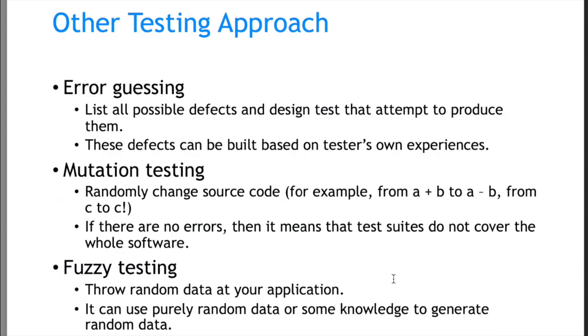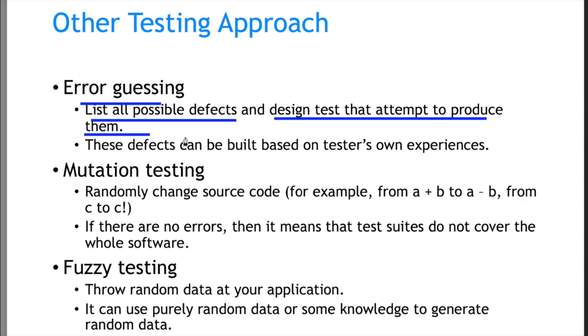And there's another testing approach. One is error guessing. List all the possible defects, then test them, attempting to produce them. That is a very popular one for professional testers. Usually a tester's or quality engineer's goal is to find defects. They do not want to check that the system is correct and perfect.